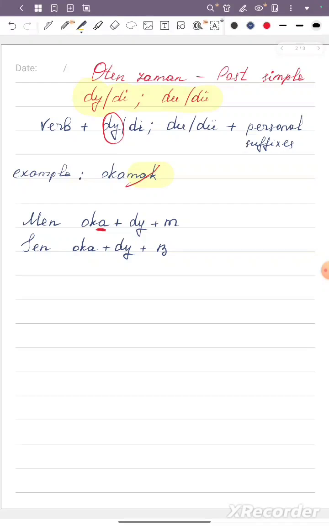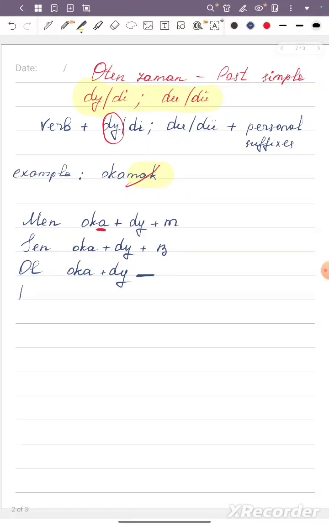Ol, oku, di. The third person singular, ol, he, she, it, doesn't have any personal suffix. So this place we leave empty. Ol okudu, he studied or he read, or she studied, she read, that's all.